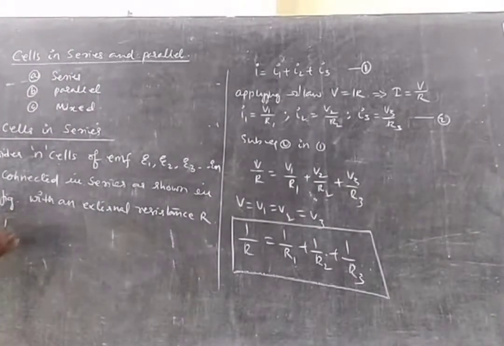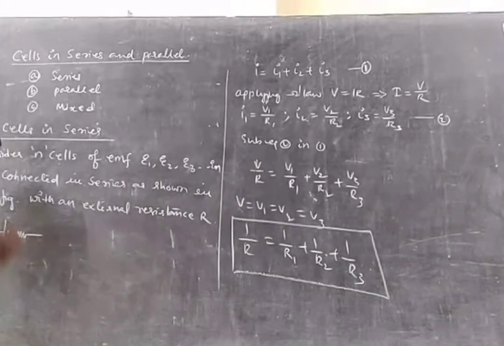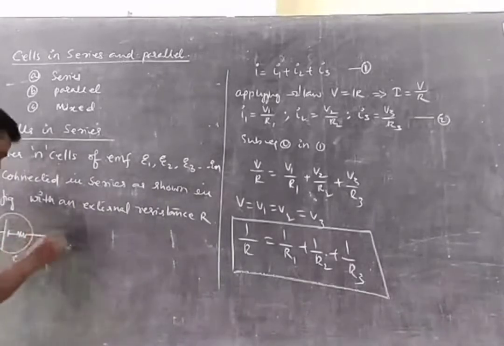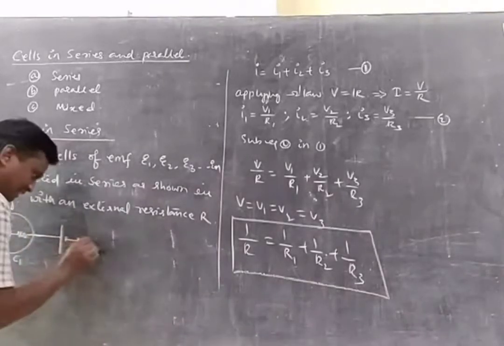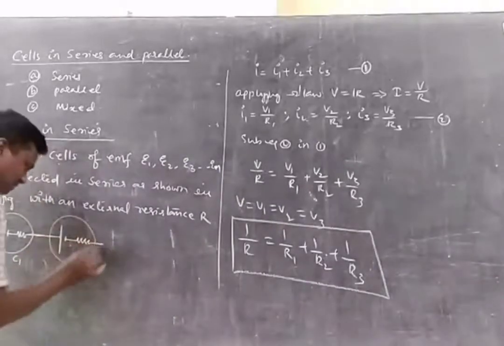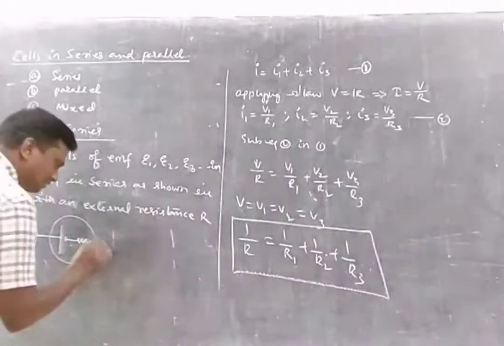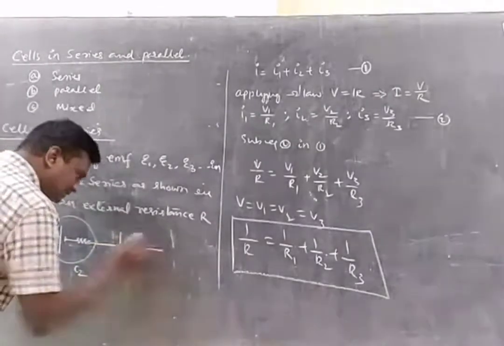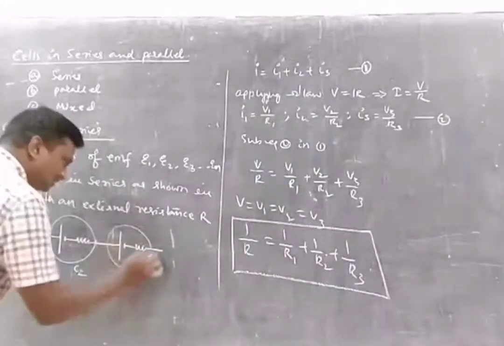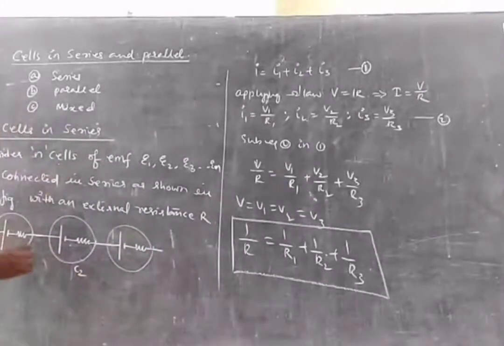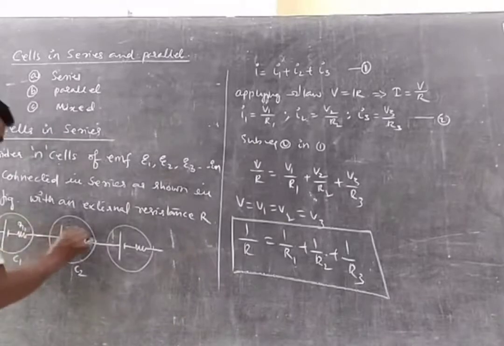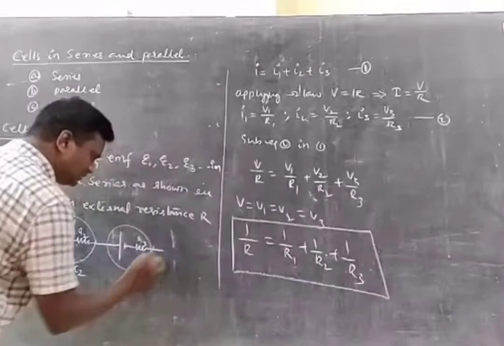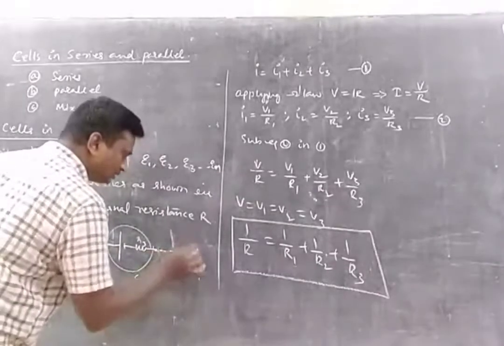So this is my cell C1 with an internal resistance. Cell C2 with an internal resistance, this is my cell C2. And cell C3 with an internal resistance. R1, R2, and R3 are the internal resistances, and this is cell C3.